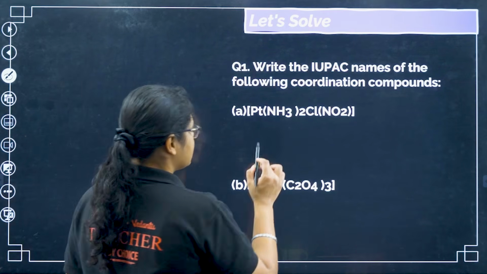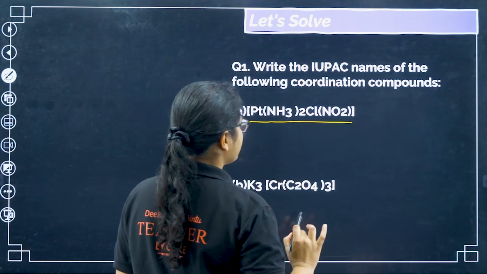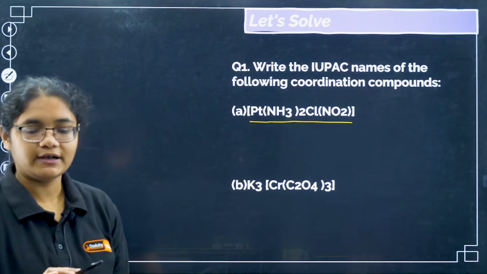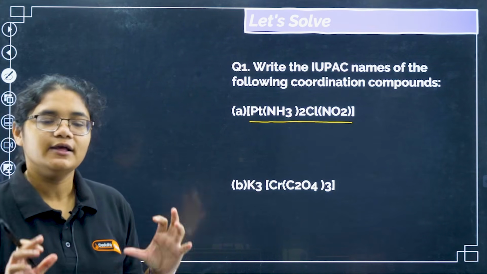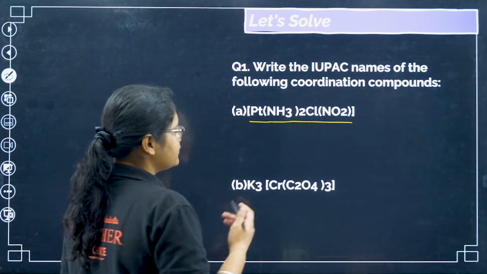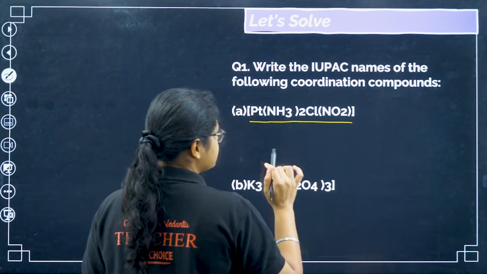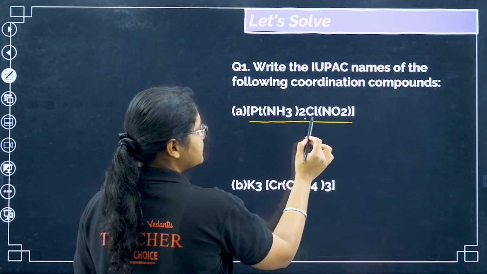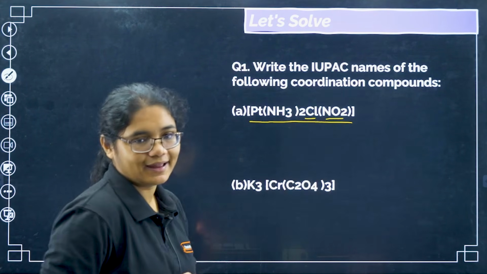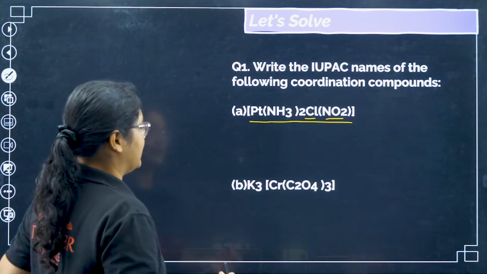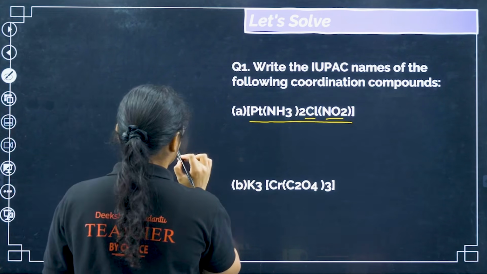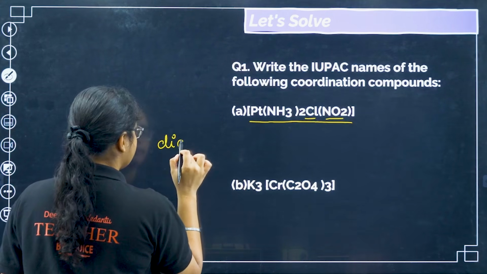Suppose I want to write the name of this compound. First of all, you can see that there is no cation or anion, it is a neutral complex. So first let's write the names of the ligands. This ligand name is amine, this is chlorido, this is nitrito-N. Now I will start with amine in alphabetical order, so diamine.